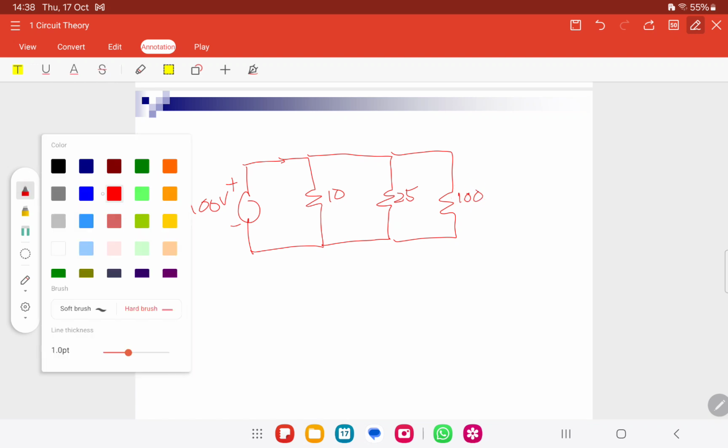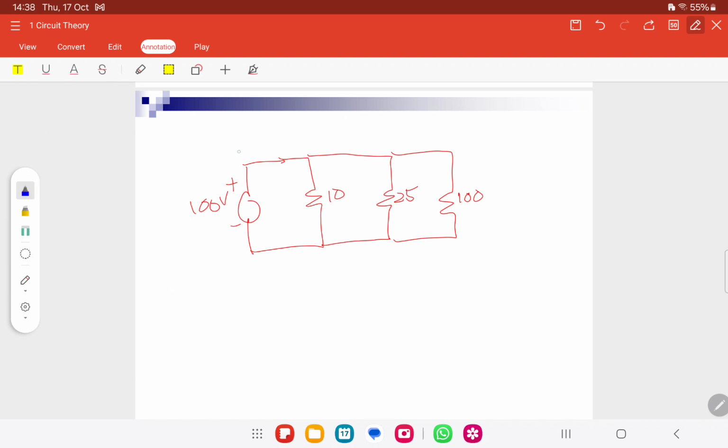Alright. So now this circuit, saya nak tanya, if I put VA here, VB here, what are the value of VA and VB? 100. Okay, VA berapa? 100.